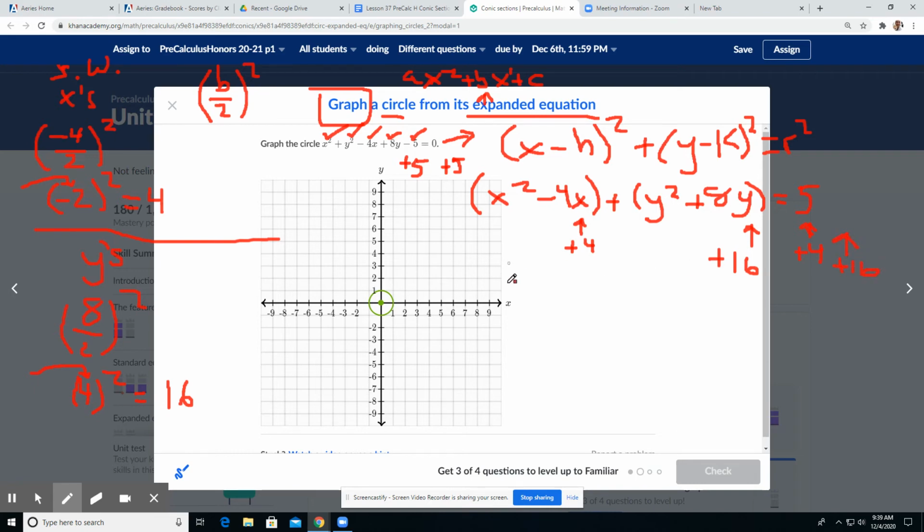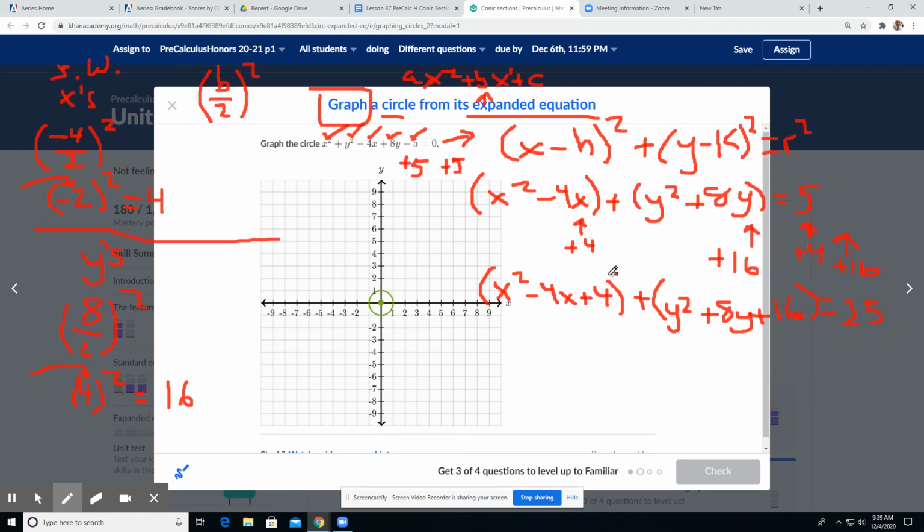All right, so this now becomes, I'll rewrite it, x squared minus 4x plus 4. Put it in parentheses to help you focus on it better if you need to. It's going to go into parentheses anyway. Plus the y's: y squared plus 8y plus 16. All of this is equal to 25. Then we want to factor the x's and factor the y's.